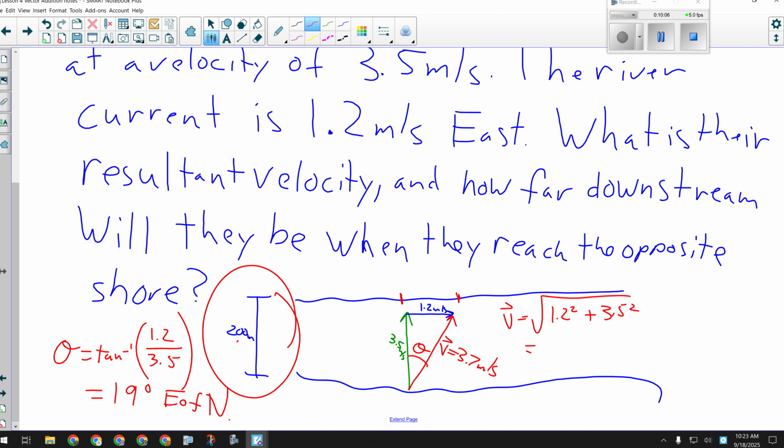This is the whole point of boat questions, to illustrate this. If I'm going to use this number, which points straight across, I can only use other numbers that also point straight across. I can't use a number that points 19 degrees east of north to figure out how long it takes me to go north.